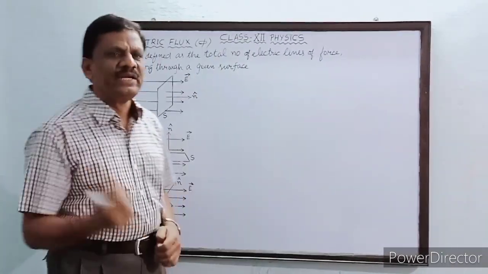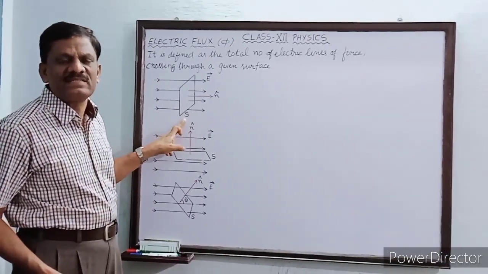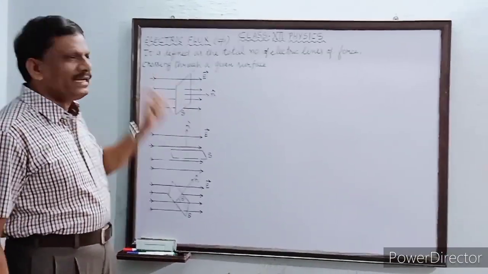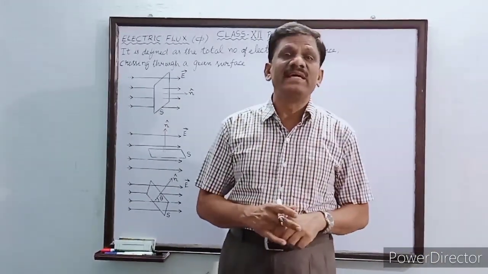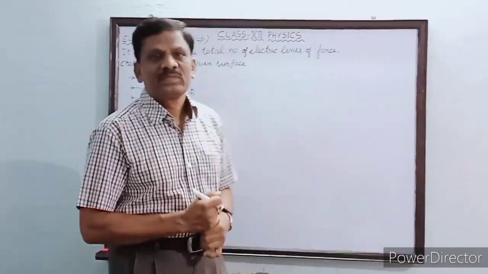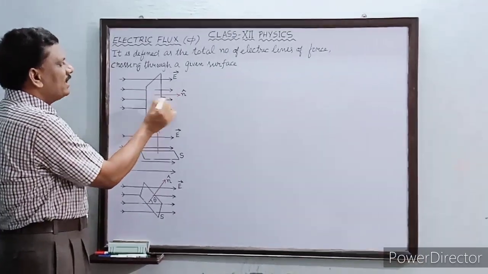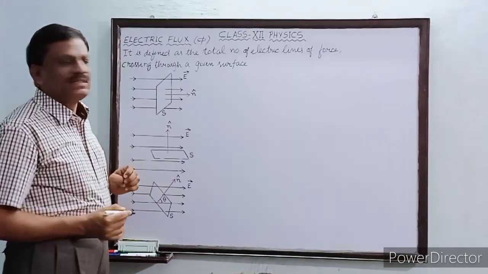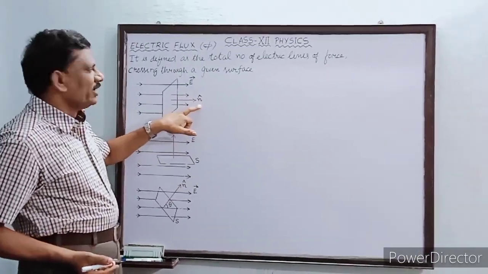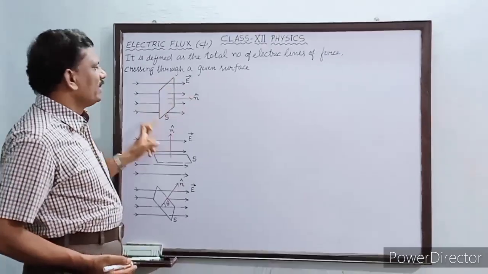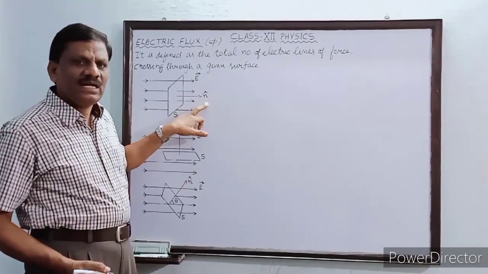The magnitude of this rectangular sheet area is denoted by S. If area is a vector quantity, it will have a direction. So how do we find the direction of this area vector? It's very simple. You draw a normal, a perpendicular from the surface, and the unit vector along this perpendicular is denoted by n cap. So n cap is the unit vector perpendicular to the area of the given sheet, and this is the direction of the area vector.